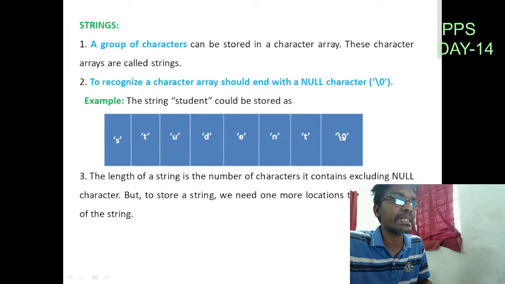If it is a character array, it should end with a null character. If it is an integer array, it does not end with a null character. So for storing the null character, you require extra memory space.